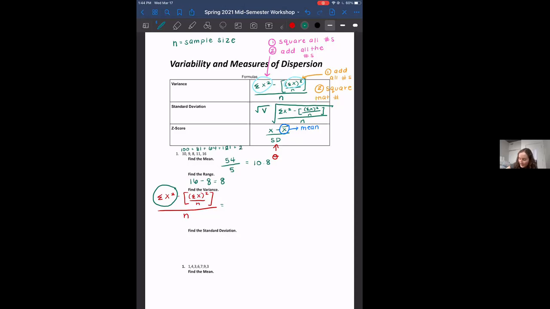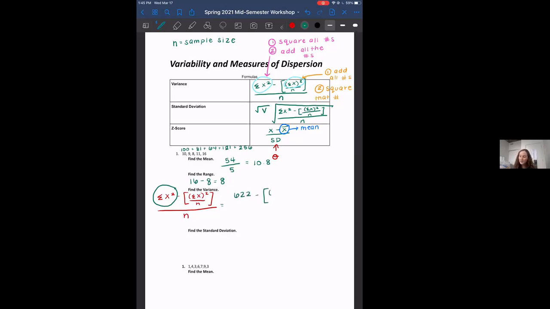So now we just add them all up. So can someone tell me what those all added up are? 622. Good, thank you. So it's going to be 622 minus, and then we'll do this.